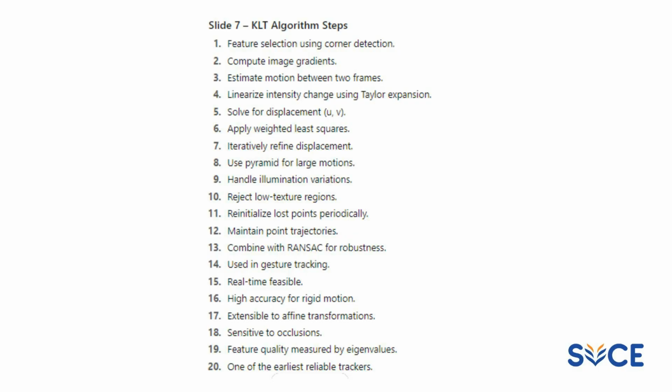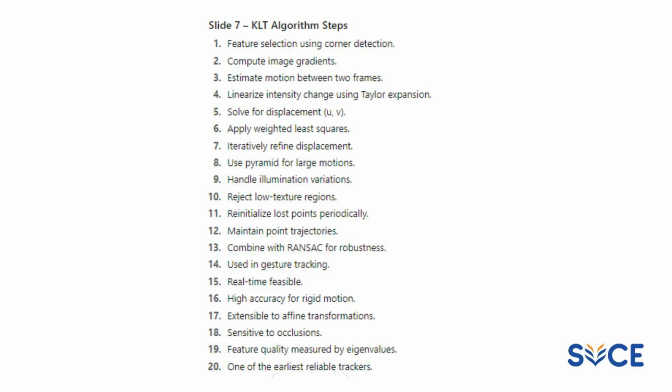That is I of x into u plus I of y into v plus I of t is equal to 0. This creates a system of linear equations for the velocity components u and v. To solve for the motion vector, you use least squares to solve the system and estimate the displacement u, v of the feature within the window.